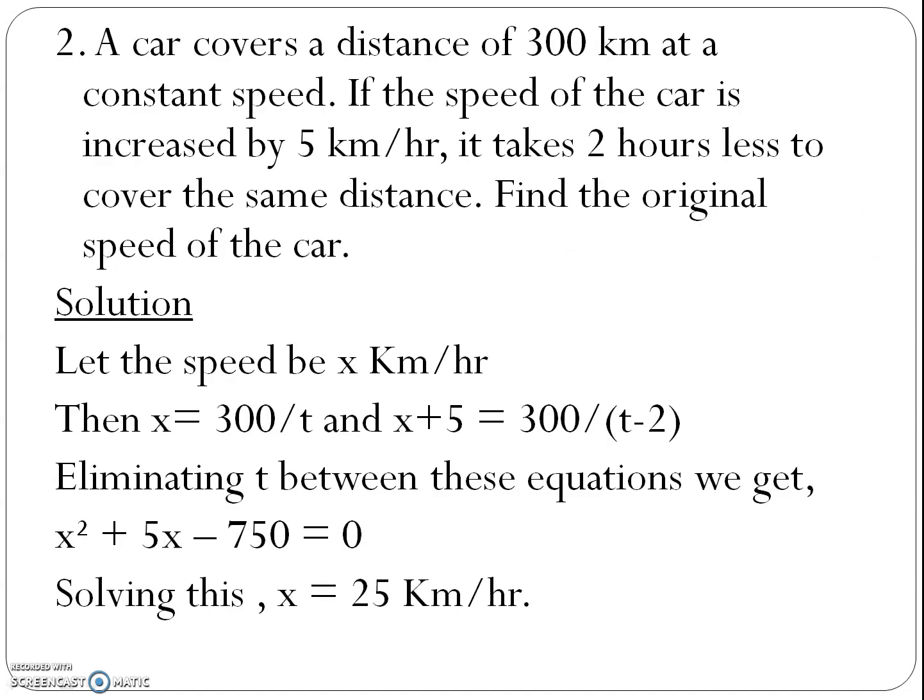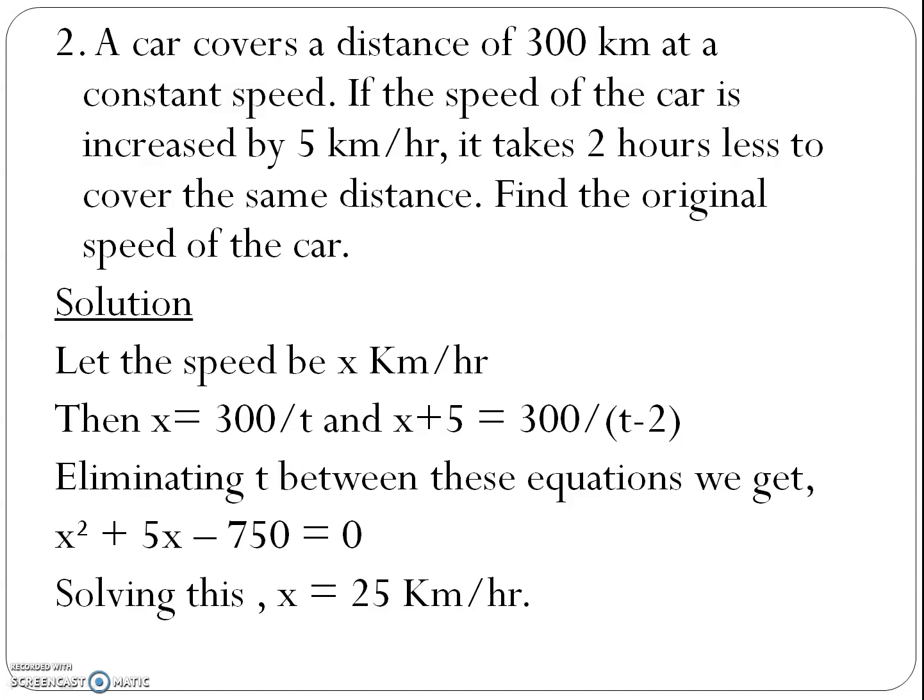Problem number 2. A car covers a distance of 300 kilometers at a constant speed. If the speed of the car is increased by 5 kilometers per hour, it takes 2 hours less to cover the same distance. Find the original speed of the car. Solution. We assume that the original speed of the car is x kilometers per hour.